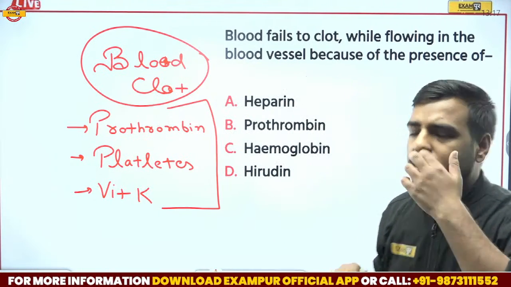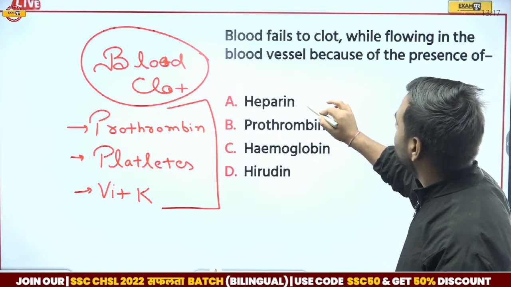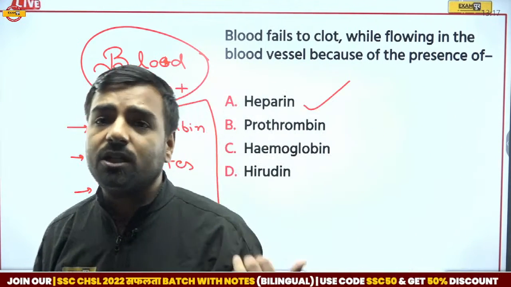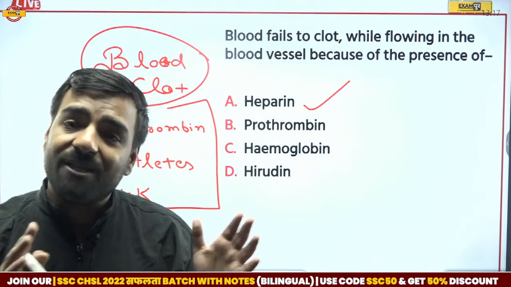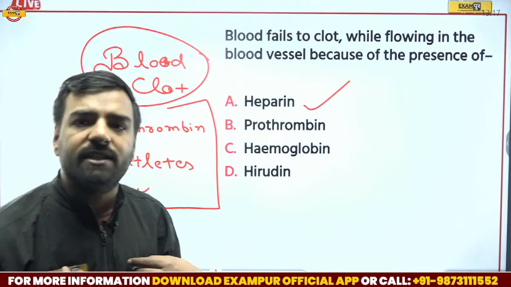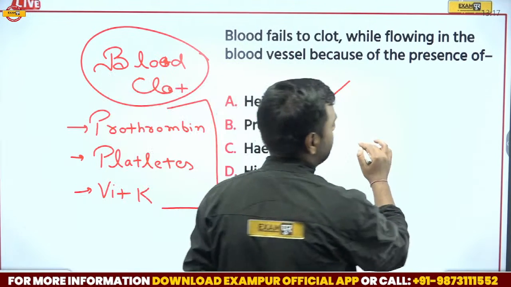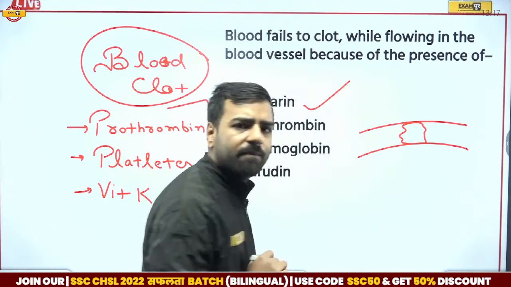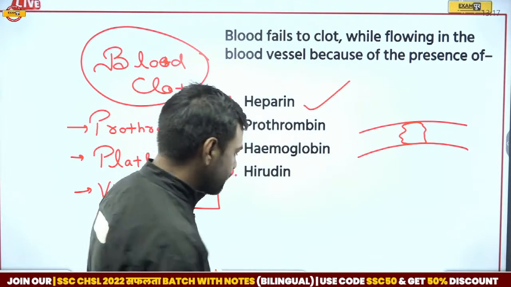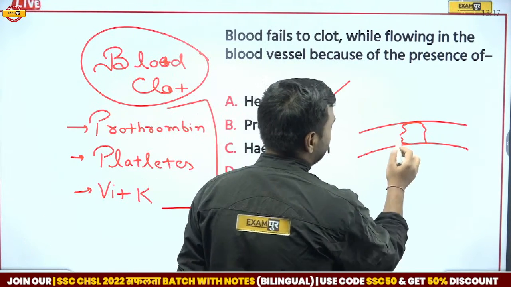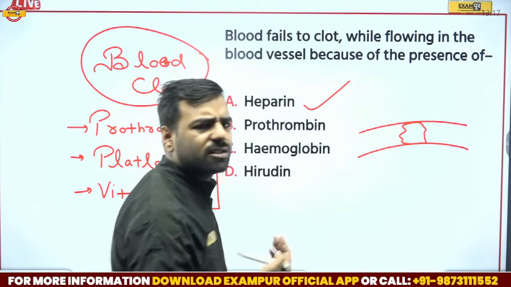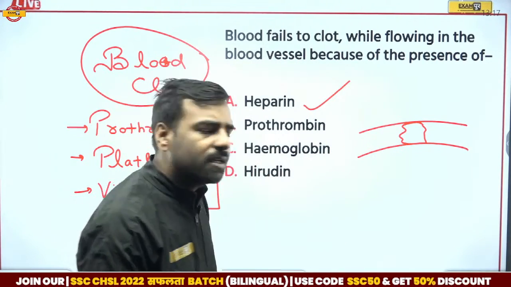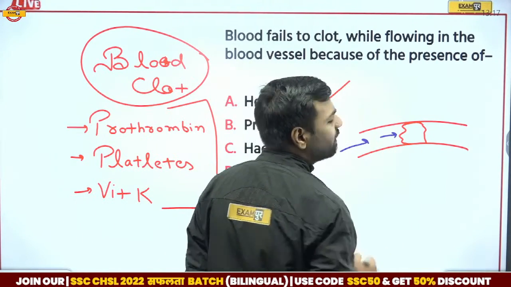Okay, Jagdishan, no issues. Within my body, it is because of heparin that blood is not clotting. If blood does not clot, this will keep you safe. If blood clots within your body, just think of a scenario where there's a pipeline, and within this pipeline there is some dust or some particles. Now can water flow through it? If unwanted materials have stuck in the pipe, water will not be able to flow.